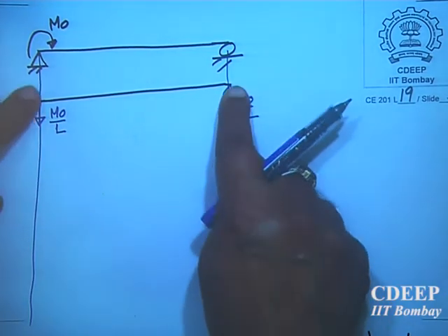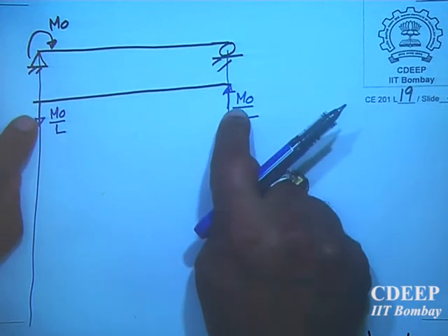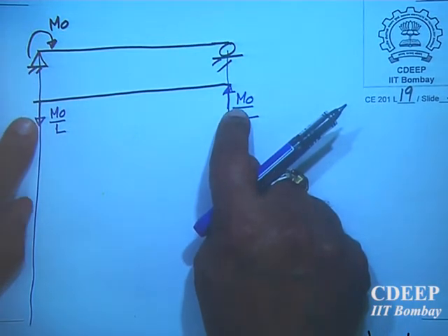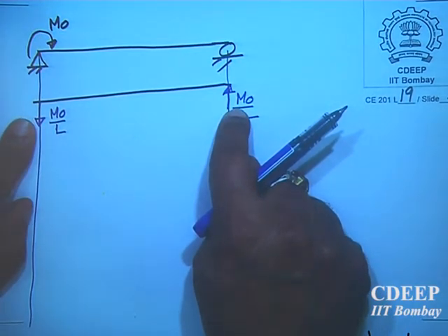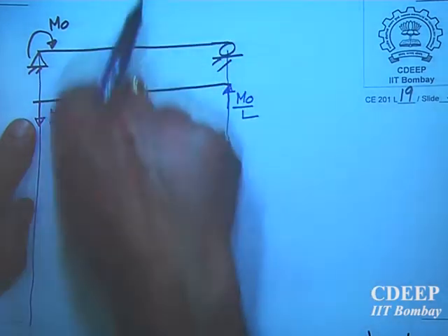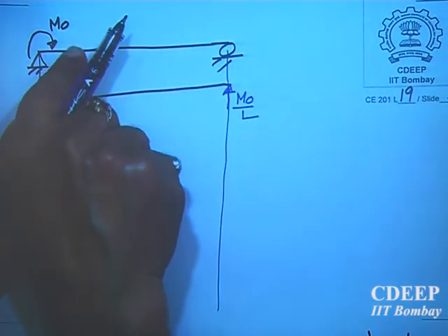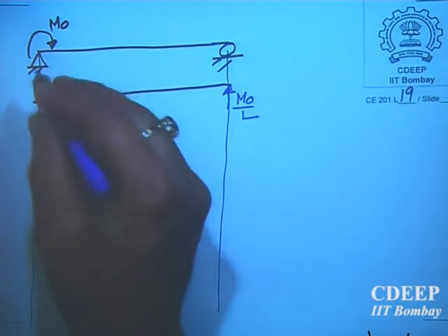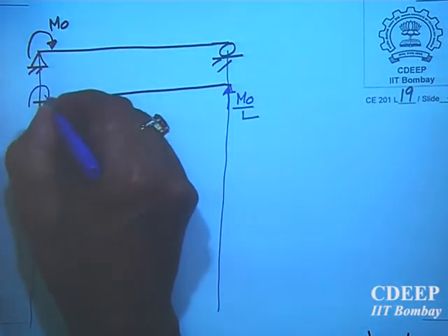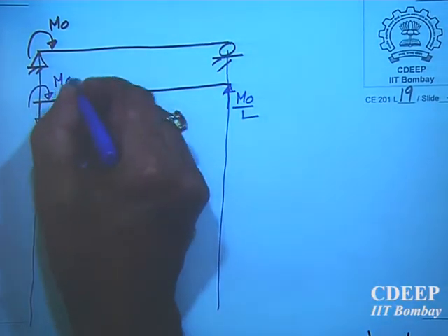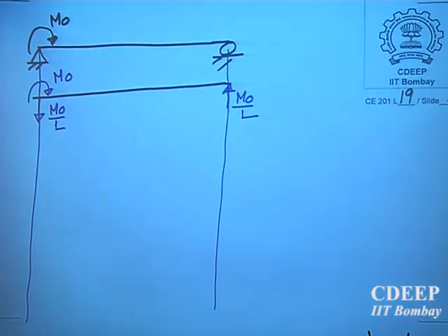This multiplied by equal and opposite force separated by a distance L is nothing but a couple of magnitude m naught, whose direction is anti-clockwise, while the applied one is clockwise. So they are in equilibrium. So body is in equilibrium under the action of this m naught applied there.